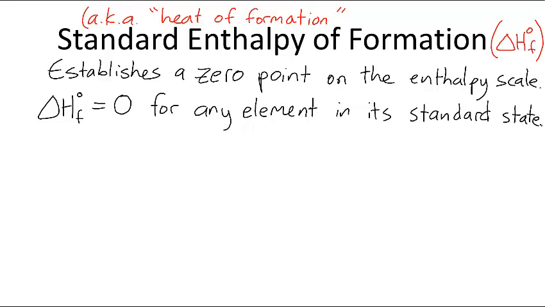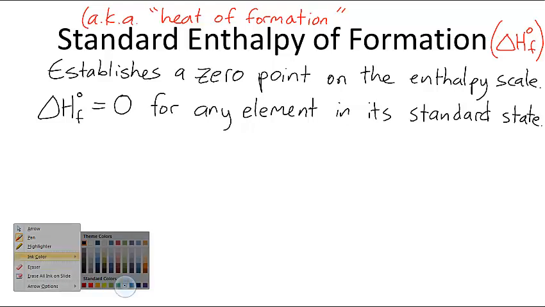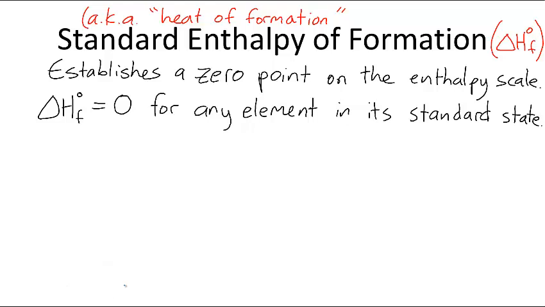So you might ask, all right, what do I mean by standard state? What do you think it means when I say an element in its standard state? We need to establish some set of conditions that we're going to call standard.